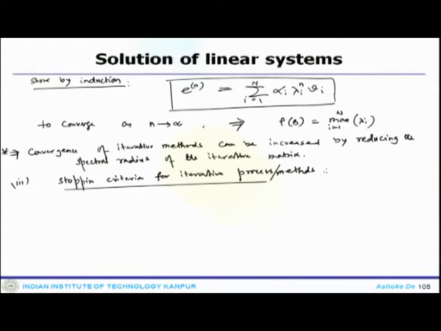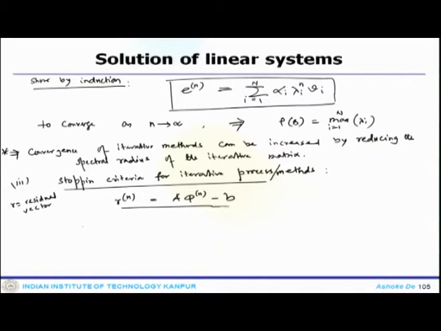Very often people use criteria based on the variation of the norm of the residual error, where the residual error is defined as r to the power n. R is the residual vector, and this error comes as A phi to the power n minus b. So one criterion is to find the maximum residual in the domain and require its value to become less than some threshold value, or user defined small value epsilon.